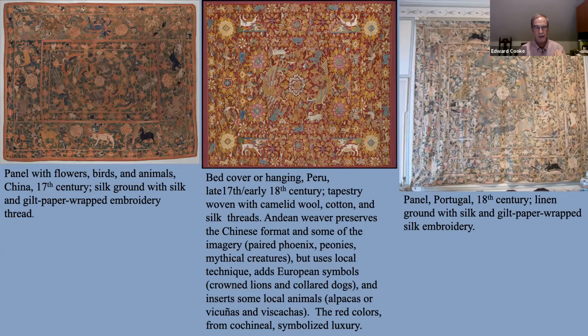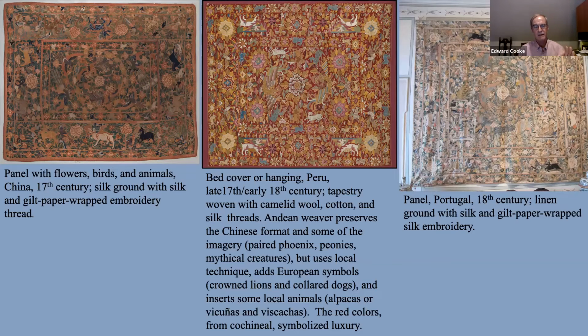There's one of these in a temple in Kyoto. So they were made as an export item. And what is really distinctive about them is a central peony with a pair of phoenixes around it, and a geometric border arranged around it with different kinds of mythical creatures.